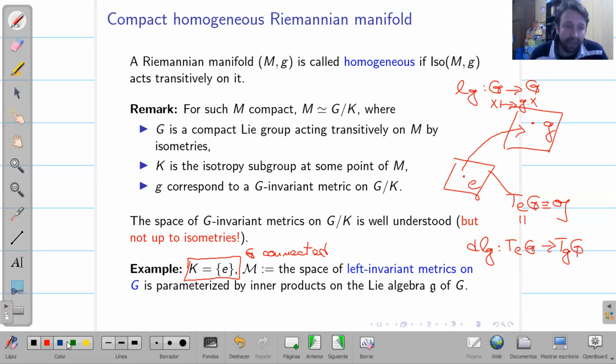So if you translate an inner product here to any other tangent space using this, you obtain the Riemannian metric. And these elements are actually isometries with respect to this Riemannian metric. And because this action is transitive, it becomes a homogeneous manifold. This case will be very important for this talk.